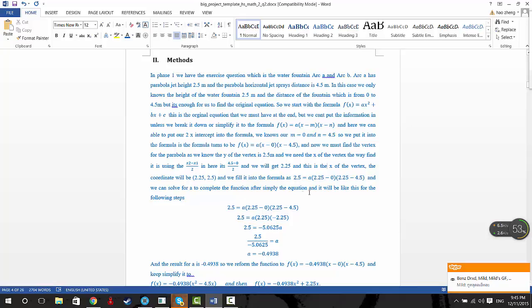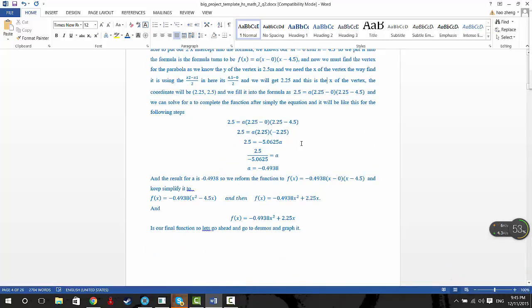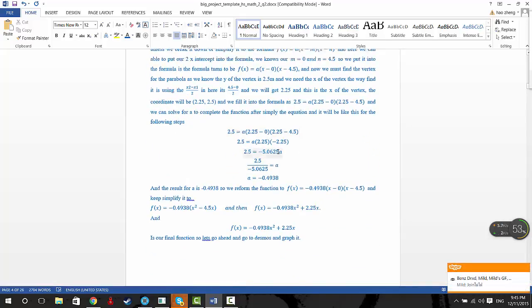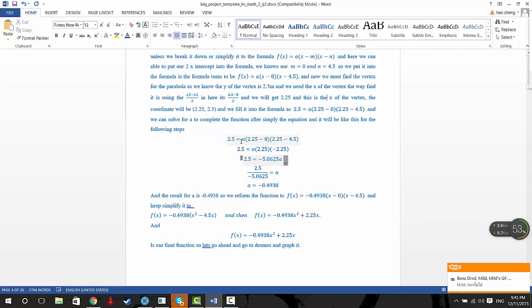After simplifying the equation, it will be like this for the following steps. So here are the steps that I just did. It'll be 2.5 equals a(2.25 minus 0)(2.25 minus 4.5).